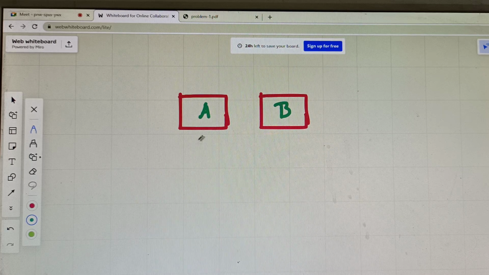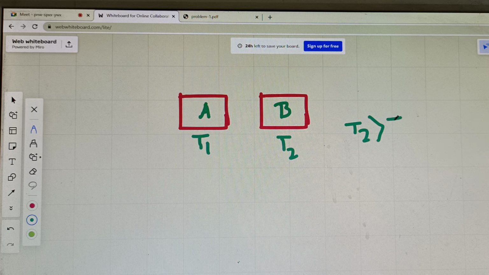The temperature of block A is T1 and the temperature of block B is T2, and also suppose that T2 is greater than T1. Okay, assume that T2 is greater than T1.